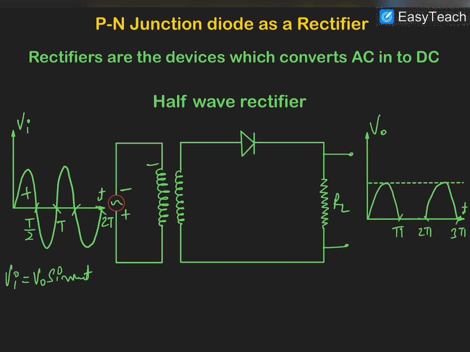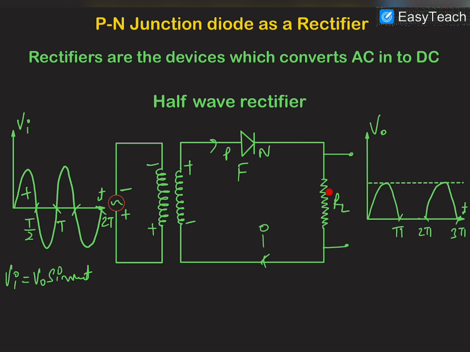Due to a phase change of 180 degrees in mutual induction, this polarity will be plus and this polarity will be minus, and this is the P side of the diode and this is the N side of the diode. So this diode will be in forward biasing, and in forward biasing it would offer very little resistance in the circuit, and it will allow almost all the current to flow through the circuit like that.